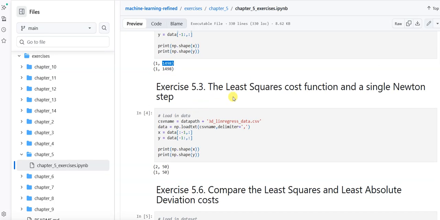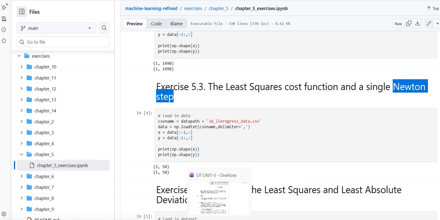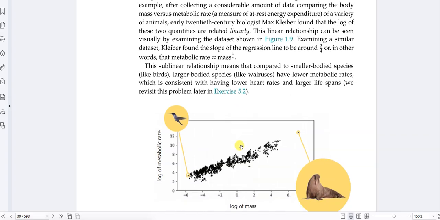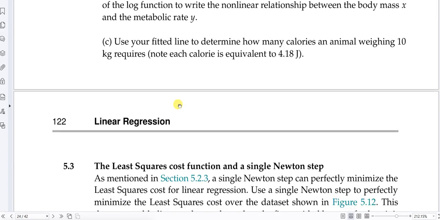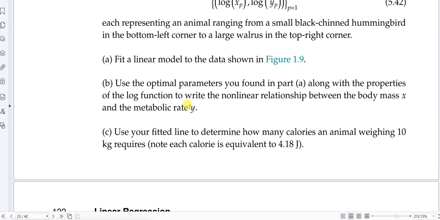Similarly, the third one, method of least squares cost for a single Newton step. A single Newton step is nothing but gradient only. So the question here, the third one, 5.3: use the optimal parameters found in part A along with the properties of the log function.